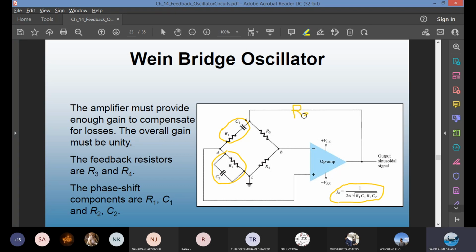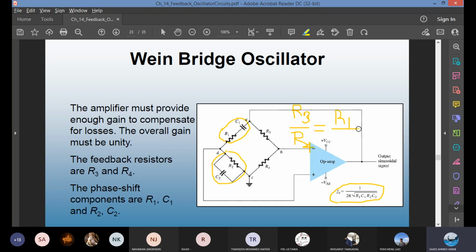It's like this. In this circuit, if you think about the impedance, R3 divided by R4 will equal to R1 over R2 divided by C2 over C1. Sorry, add C2 over C1.